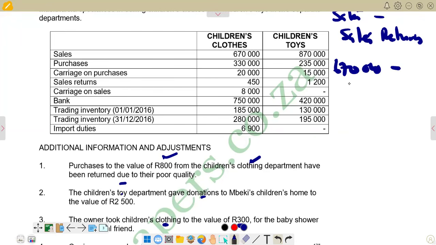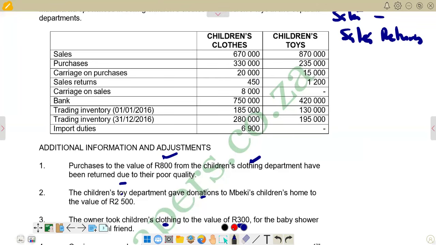Then we are going to subtract your sales returns, which is here, 450. So let's try to calculate and see what figure we get there. 670,000 minus 450. I would see that the figure that we are getting is 669,550. So we are saying it is equal to 669,550. So this is the figure that we are having.